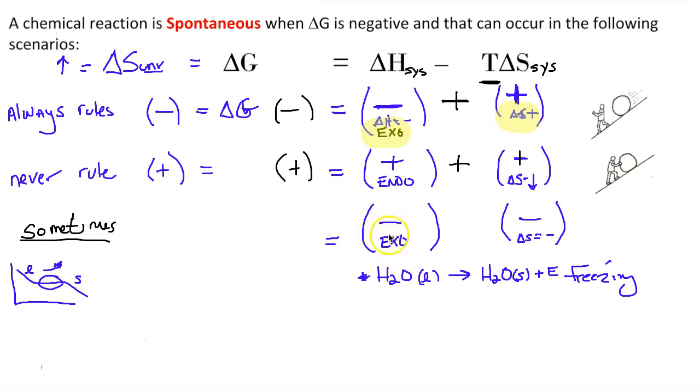We release heat. But wait a minute. A liquid going to a solid, we should be able to evaluate that as a decrease in entropy because we're putting molecules closer together. We're concentrating. We're going against the universe. So the system's entropy, molecularly speaking, is decreasing.